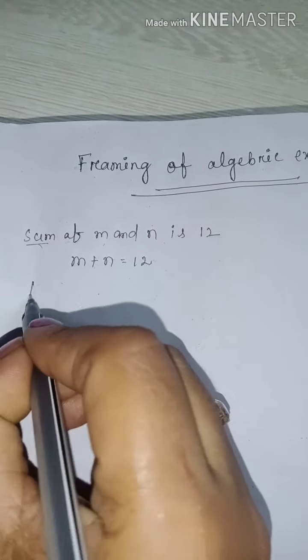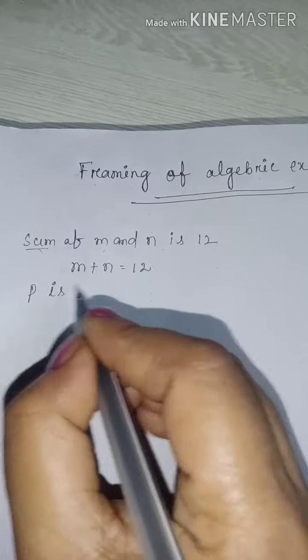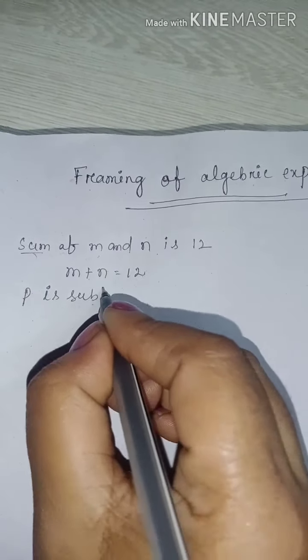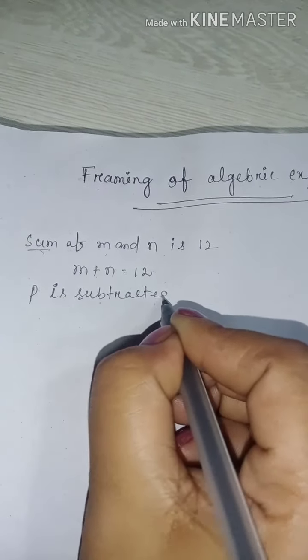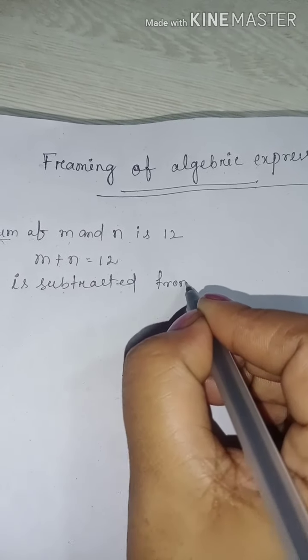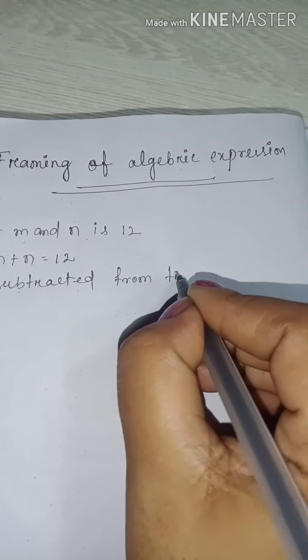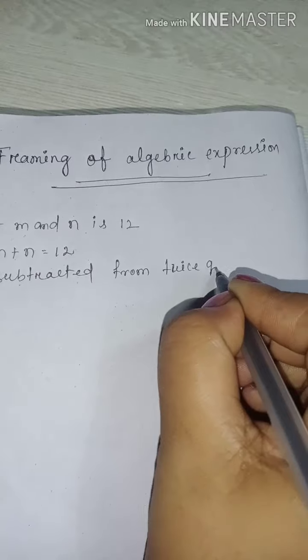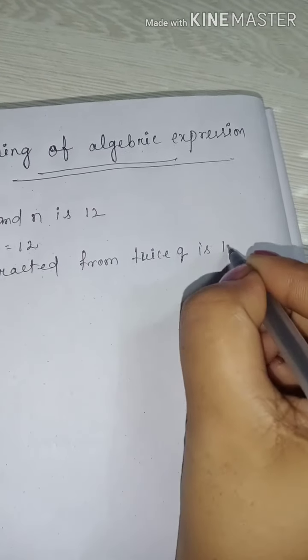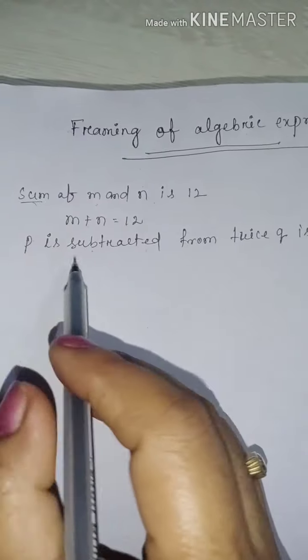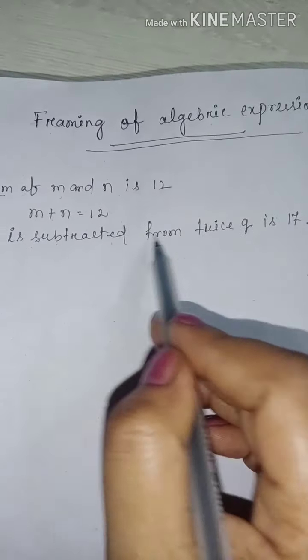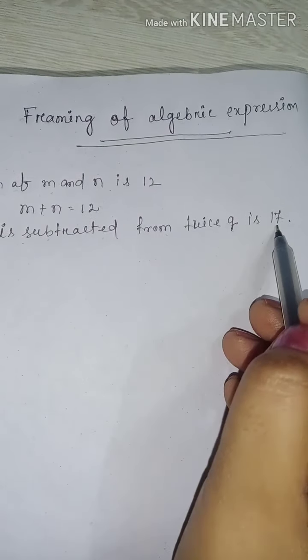See, p is subtracted from twice q is 17. Okay, listen, p is subtracted from twice of q is 17.